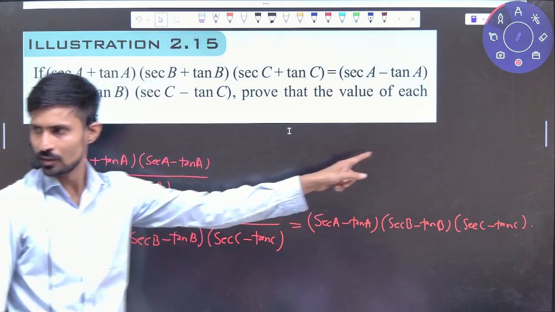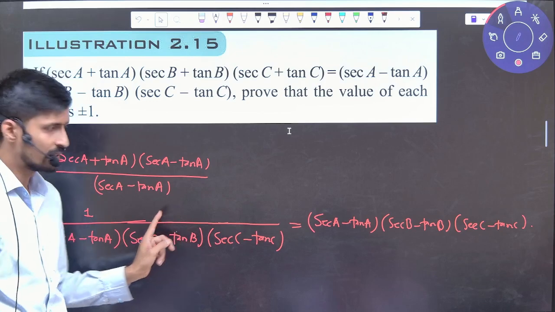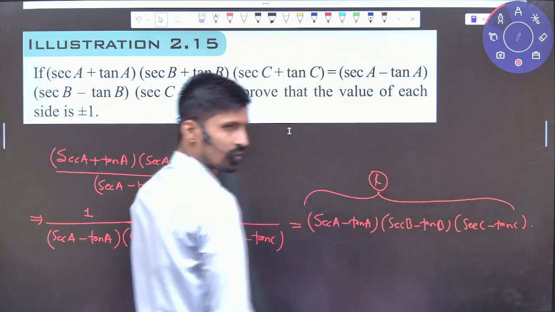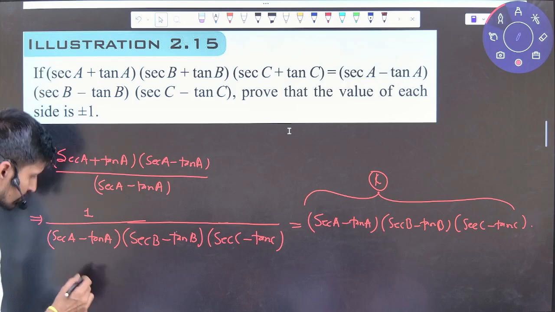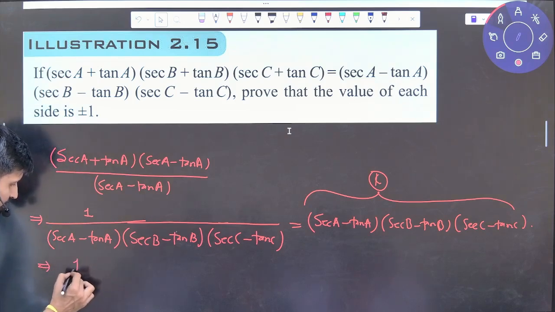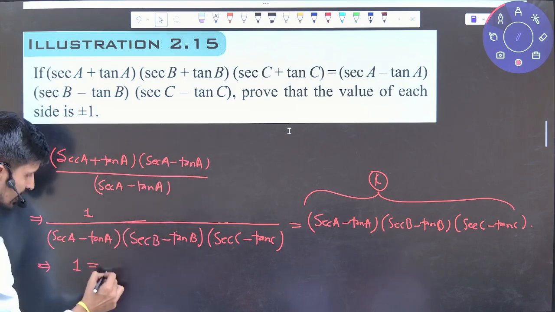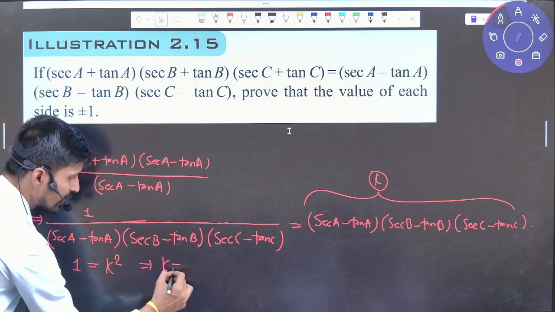Yes or no? Okay. So if we consider this whole thing as k, then 1 by k is equal to k. This k will go to that side, so that will become k squared.